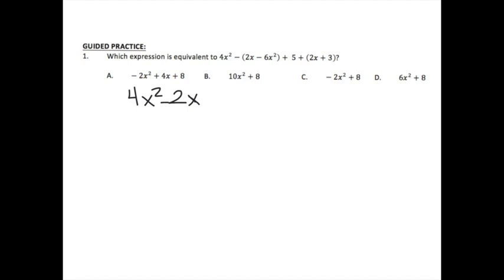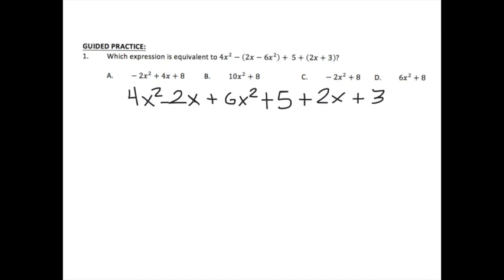Then negative times a negative, positive 6x squared. We still have the plus 5. And then we have parentheses again, so positive times a positive equals a positive 2x. Then a positive times a positive one more time, that would be a positive 3.